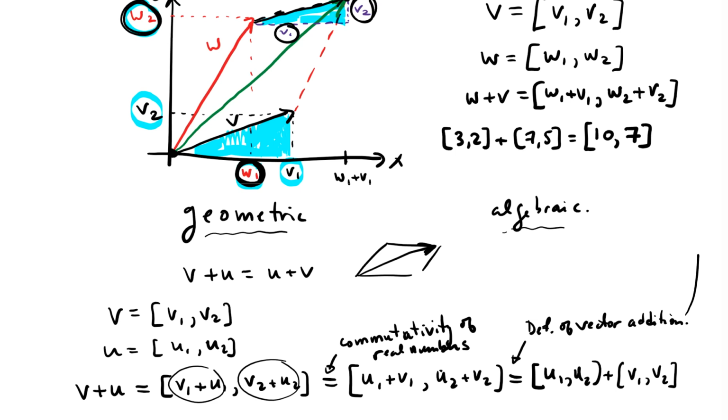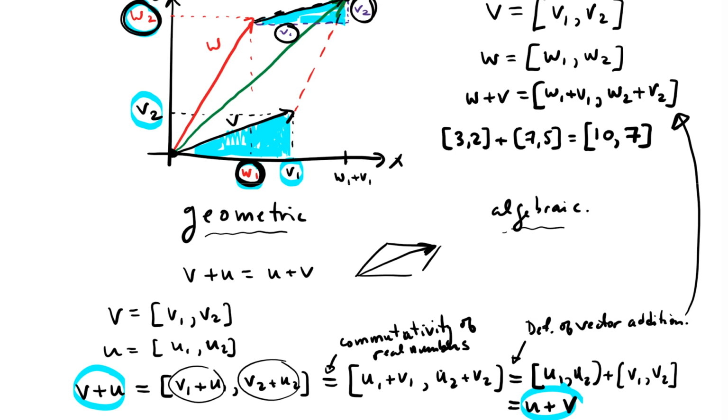That's using this up there. So I'm basically going backwards, and this is just u plus v. So I've started with this, and I end up with this, and everything's equal. So the addition of two vectors is commutative again, and that's using a proof that relies on algebra.